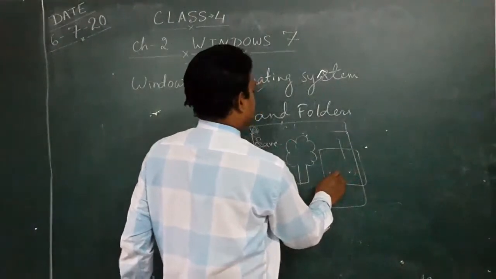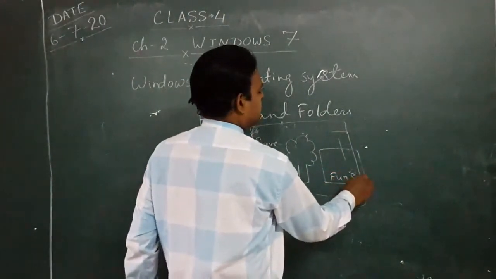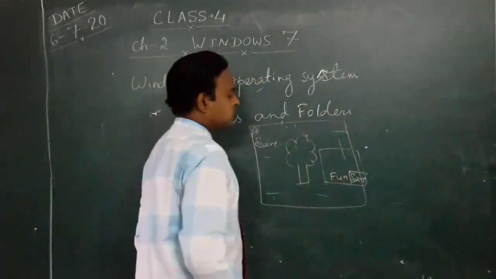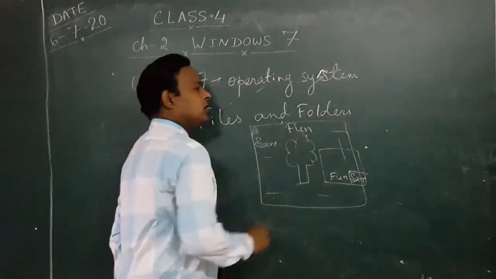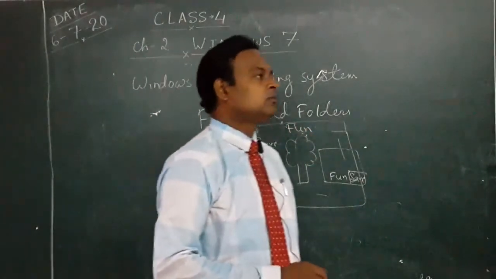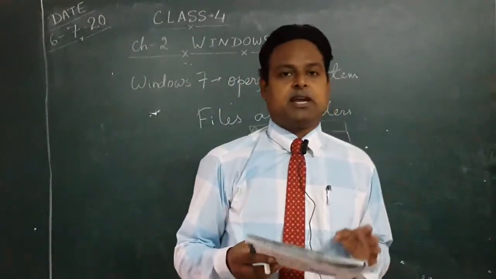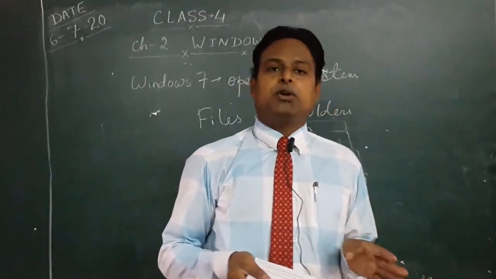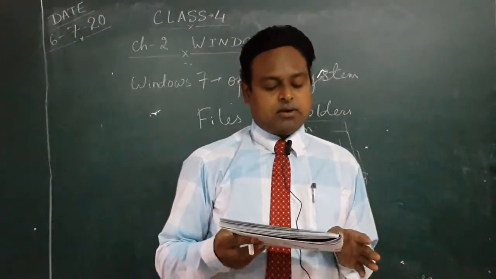Suppose I have saved it with the name fun and click on the save button. Now the name fun will appear on the top of that window. That means your file is saved. You have created a file. In computers, whatever work we are doing is saved in the form of a file.